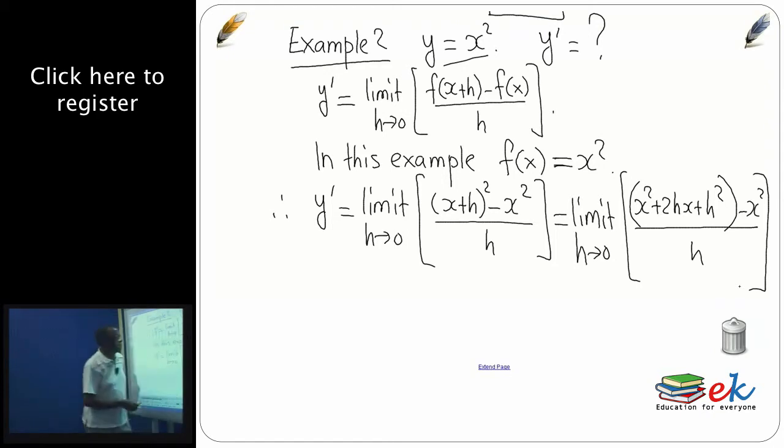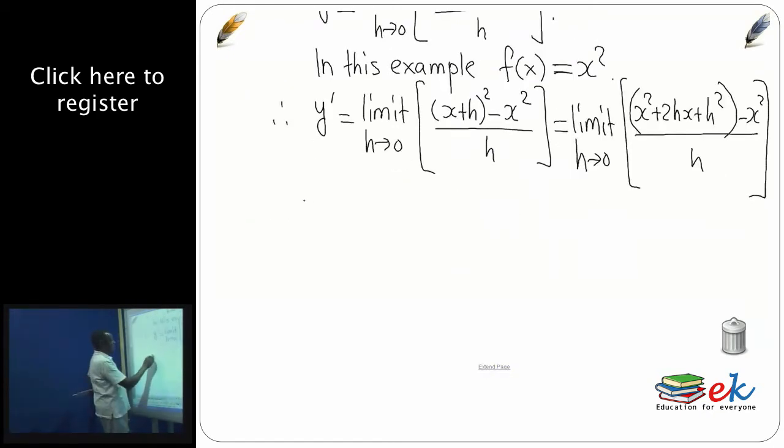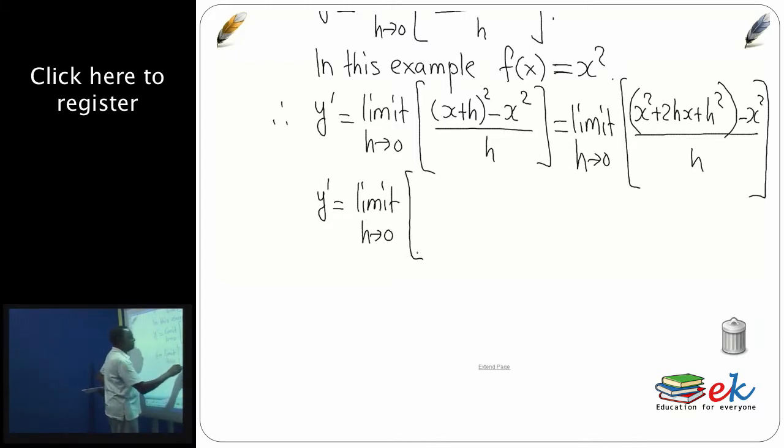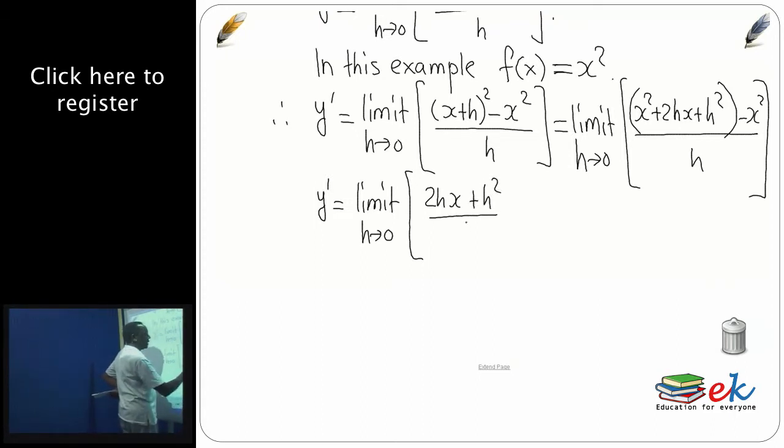That's what we have. And we can continue, therefore y dashed is equal to the limit as h approaches 0 of what we have. The x squared would cancel with this x squared, so we remain only with the 2hx plus h squared divided by h.